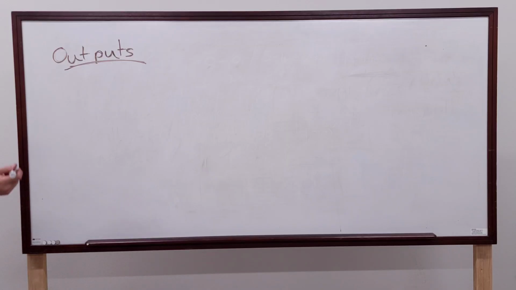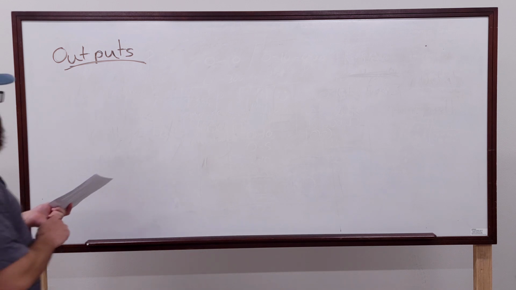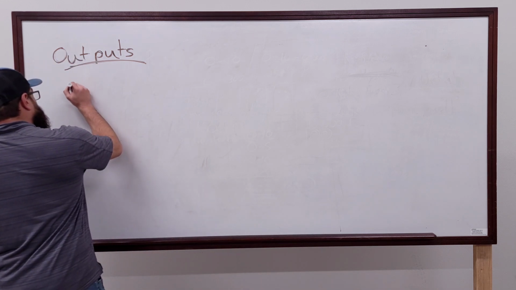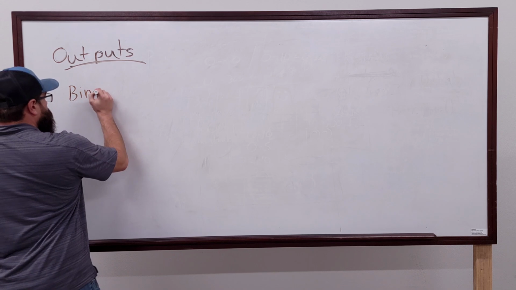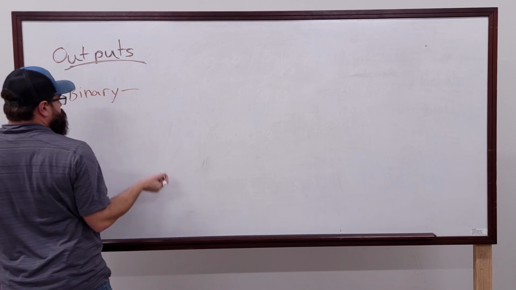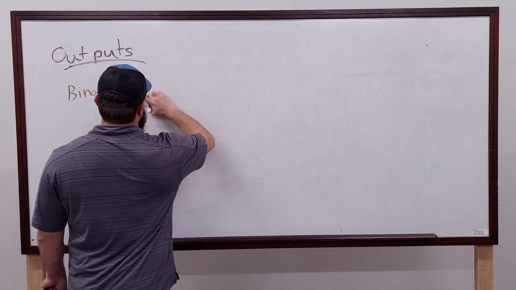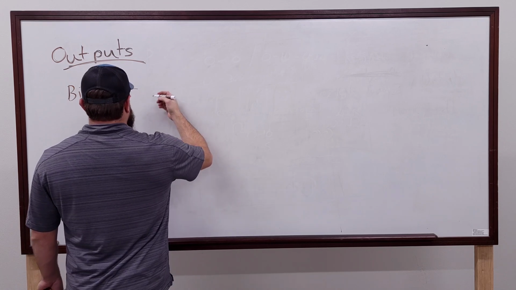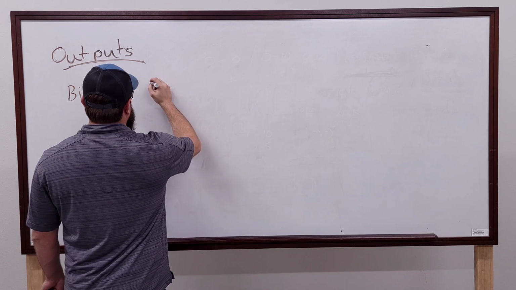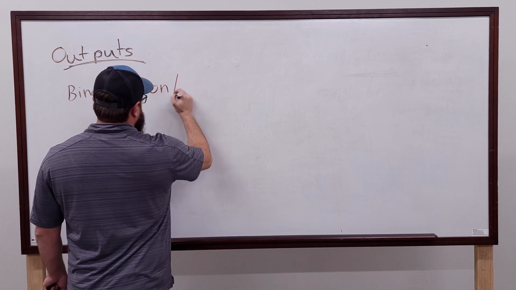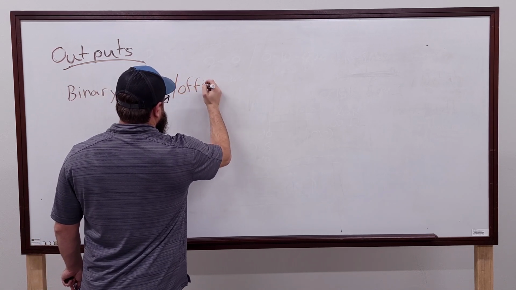All right, so outputs. Same deal, binary and modulating. These are going to be things, anything that you're turning on, so on or off values.